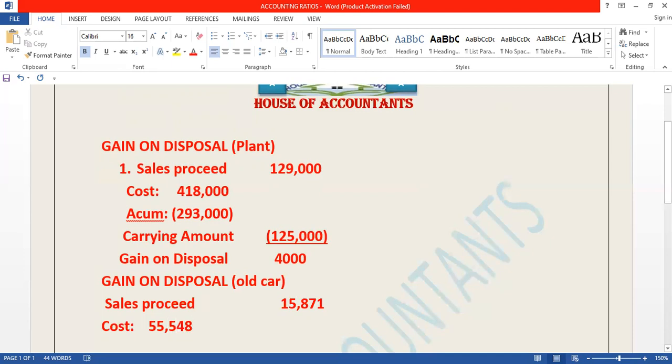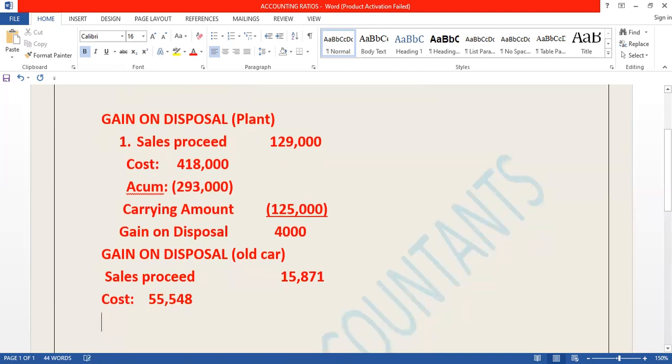That is the cost of the asset. What is the accrued depreciation of the asset so far? 39,536.